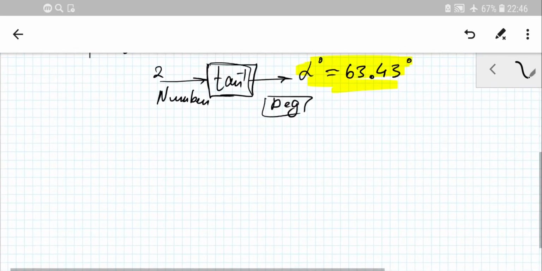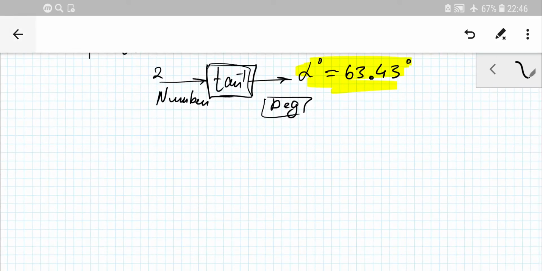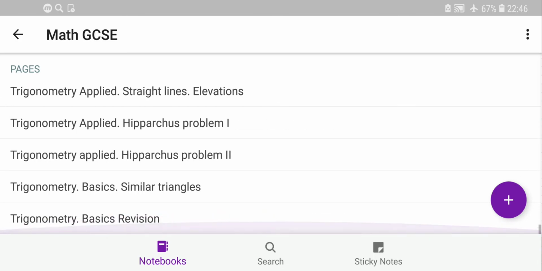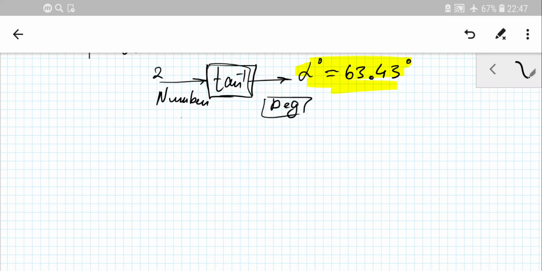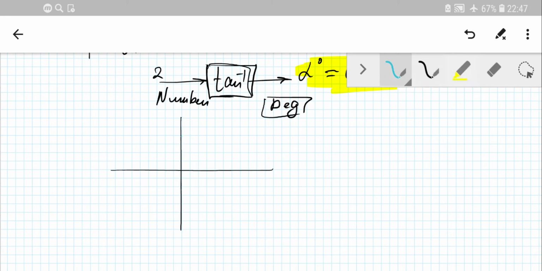But you might ask a reasonable question: what if your line, for some reason, is here and has a negative slope? No problem. For example, we've got 4 units here and 2 units here, so we put the line that goes with the negative gradient.